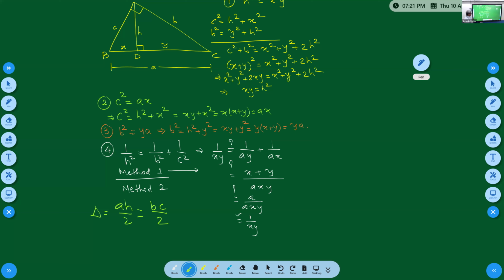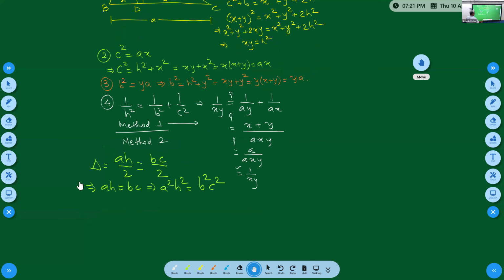Right angle triangle, easy to find area, which implies AH is equal to BC. So we consider A square H square is equal to B square C square. And we substitute A square is equal to B square plus C square.